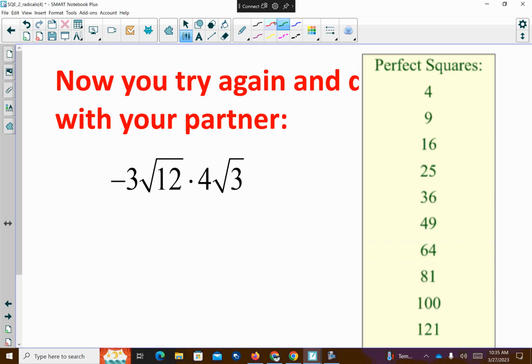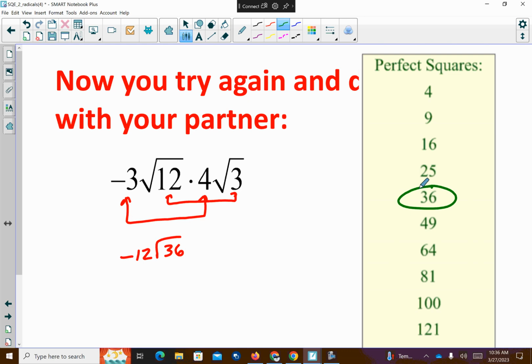All right, so on this one, I said, which numbers should I multiply together first? The outside. Does it make sense when I say outside? Okay, so negative 3 times 4 is? Negative 12. And then I multiply the insides. What's 12 times 3? 36. All right, so 36 happens to be right here.